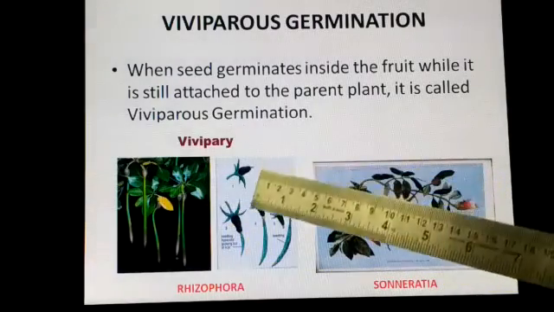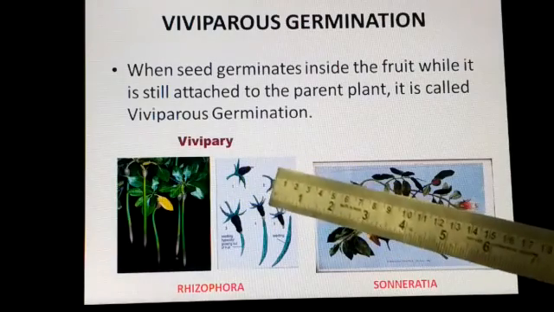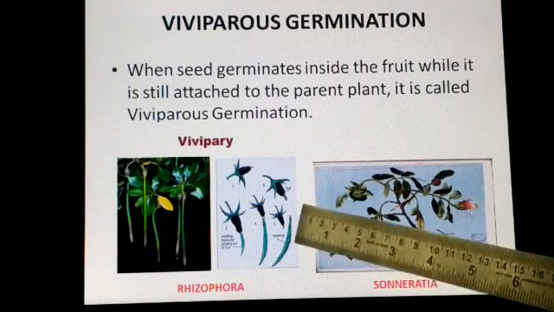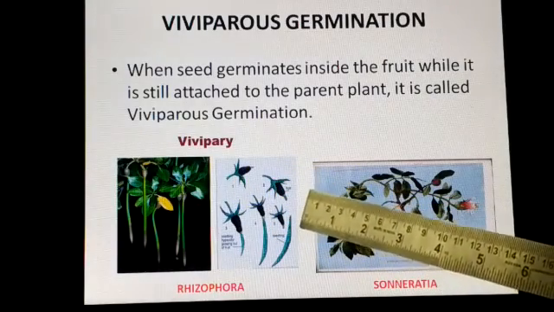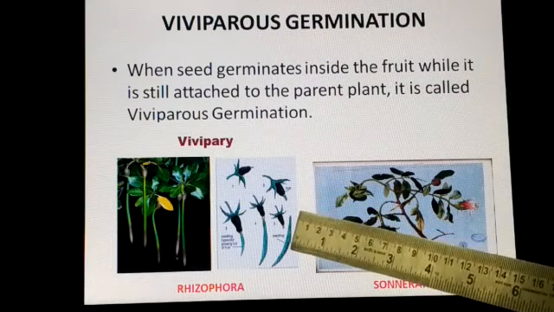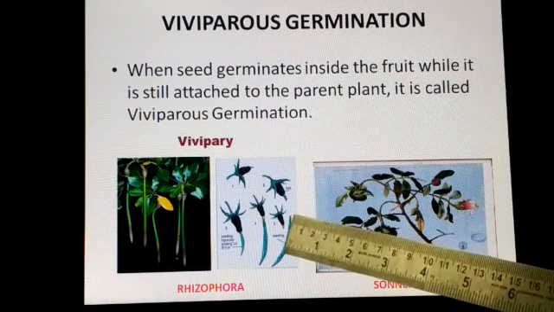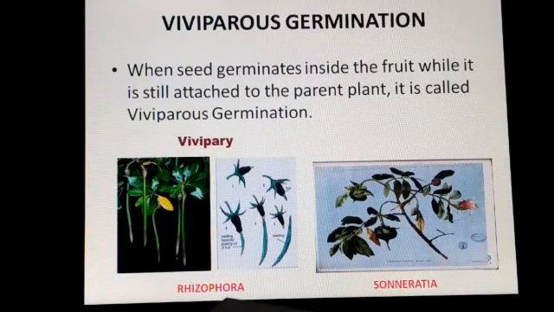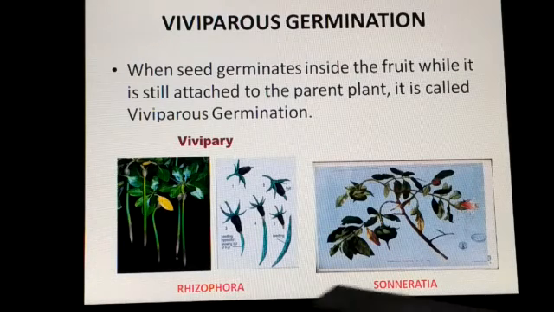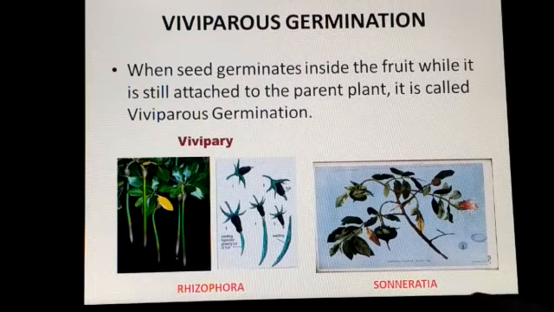See here, the fruit is still attached and it has started germinating. So such a kind of germination is called viviparous germination. It is seen in mangrove plants. Here I have given you pictures of two plants, Rhizophora and Sonneratia, which show viviparous germination.